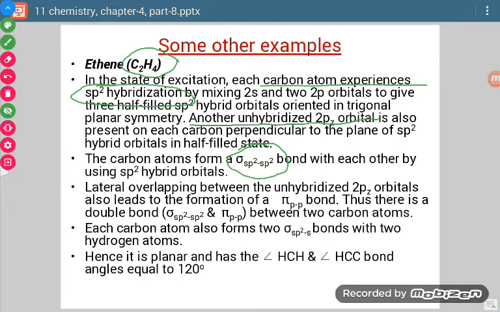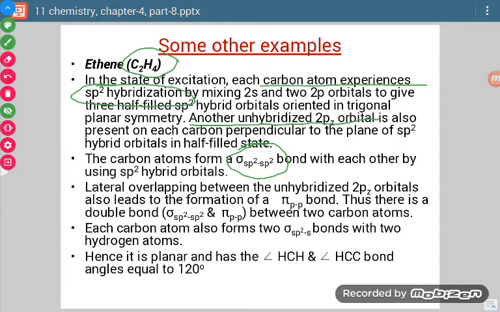Now both carbon atoms will undergo head-on overlap, and one orbital from each will form one sigma bond. Each carbon atom is left with two sp2 hybridized orbitals and one unhybridized orbital. These 2 sp2 hybridized orbitals will form bonds with hydrogen, and those bonds will also be sigma bonds.